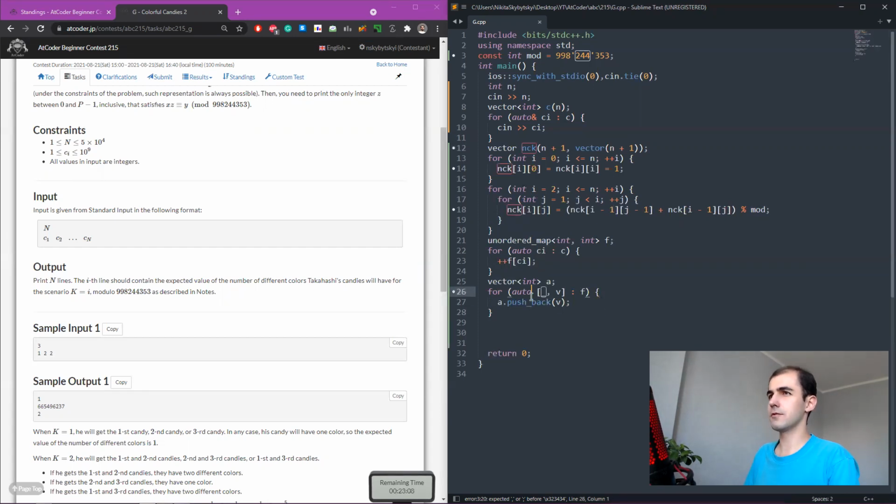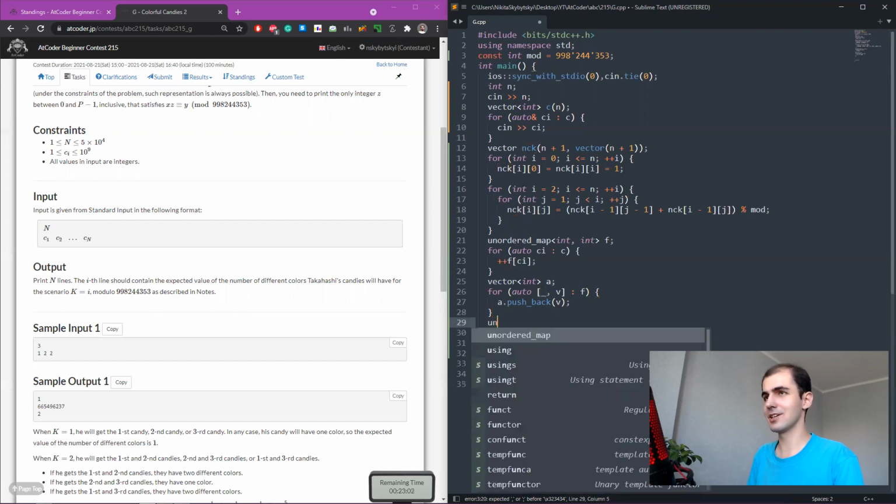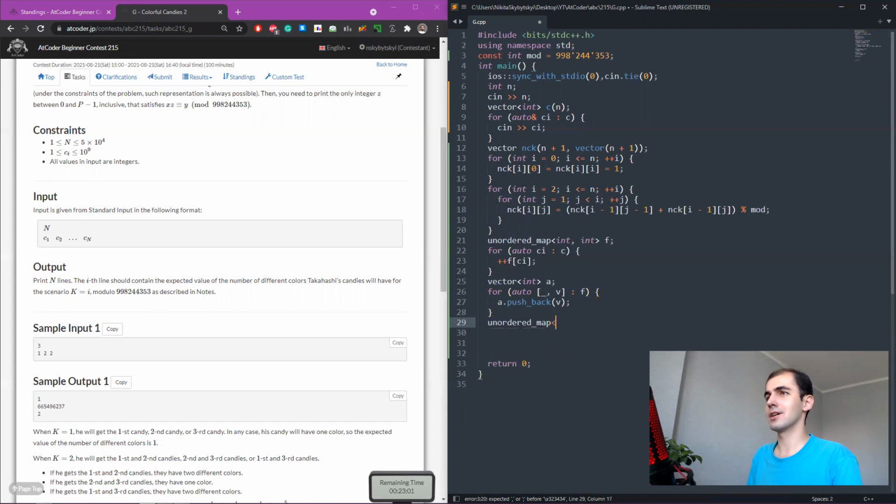Then for this frequency array A, we will actually need to build another frequency array, which leads to that square root factor, because there can't be more than square root different frequencies in a frequency array.